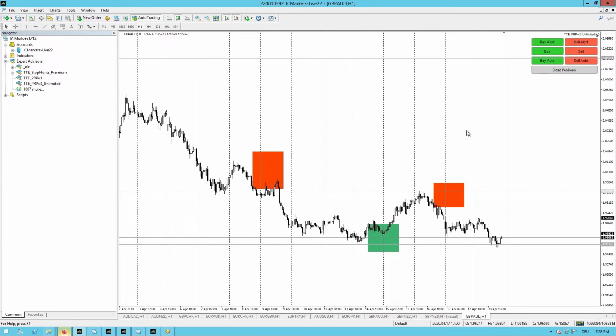Sometimes it can happen that from one day to another I will make a new selection, but usually I wait for price to come near one of these levels, make a steep trend line setup, and then I press my buy auto or sell auto button and wait for the trade to be triggered. Sometimes it does not trigger because the rules are not fulfilled, because there definitely needs to be some sort of stop hunt, as you can see, for example, here below.